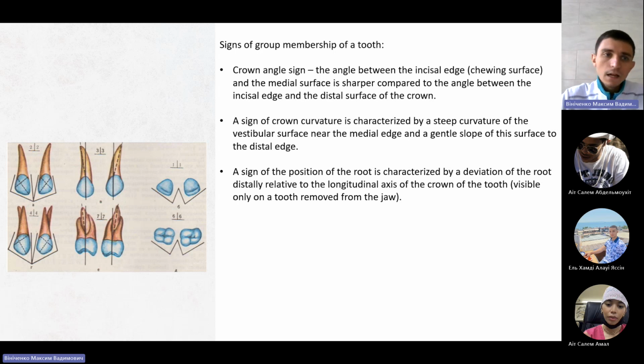So we can say that this root is from the right side and this is from the left side. So we couldn't swap them because they have a sign of the position of the root. And we understand this.